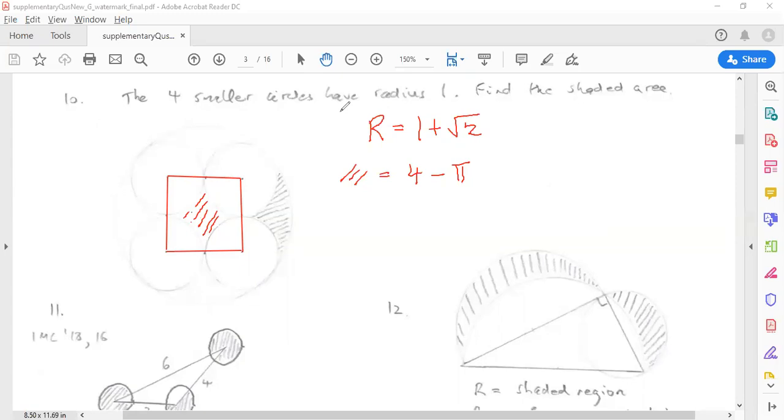So I'm going to erase now the square that I drew.